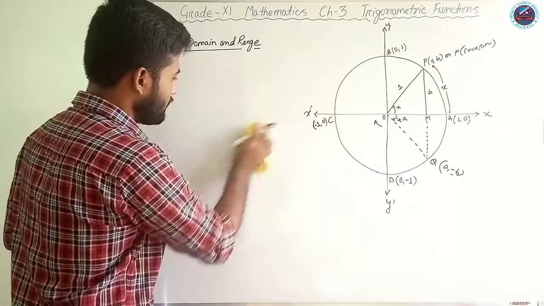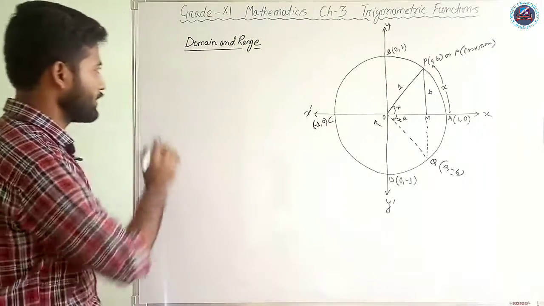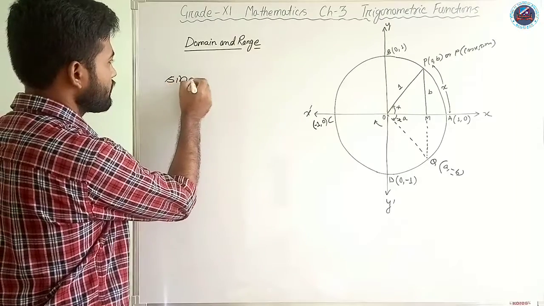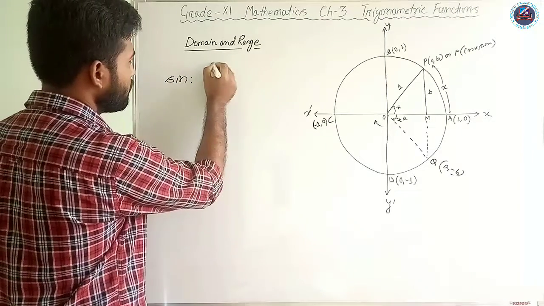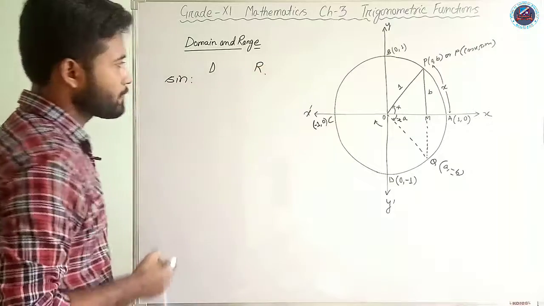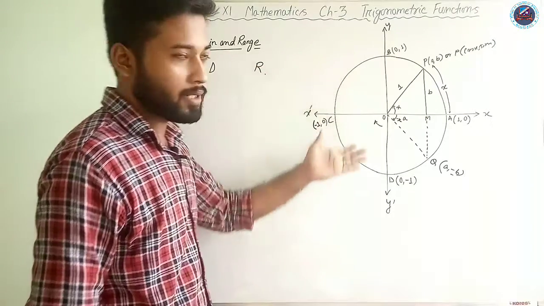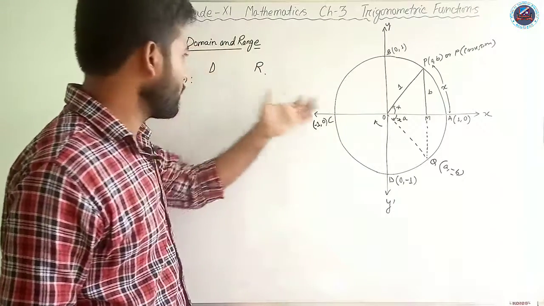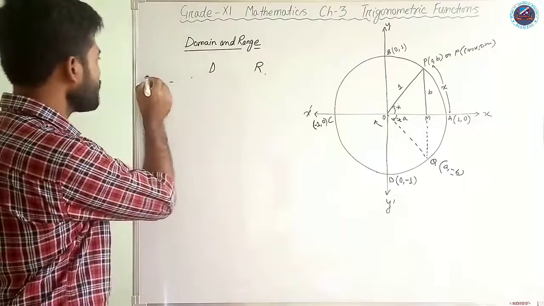Let us take the sine function first, and see what its domain and range will be. This is our unit circle. We shall see the domain using this unit circle.